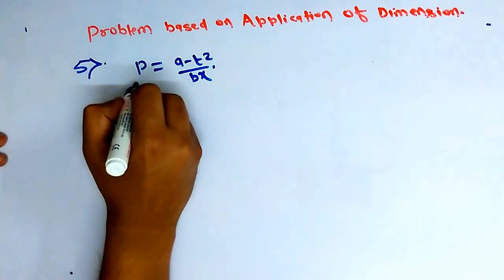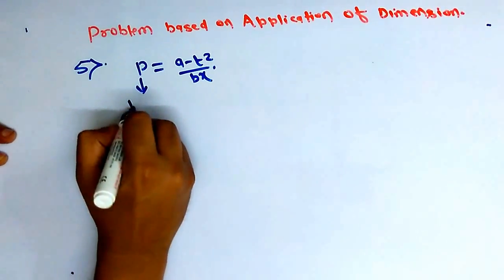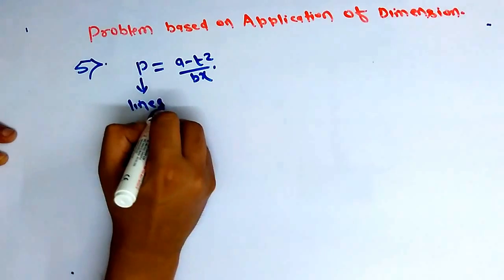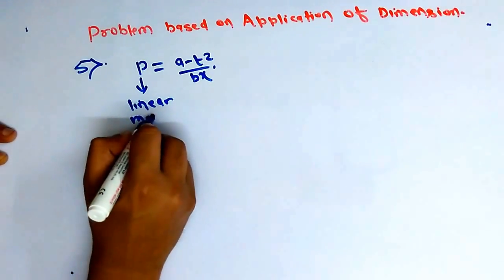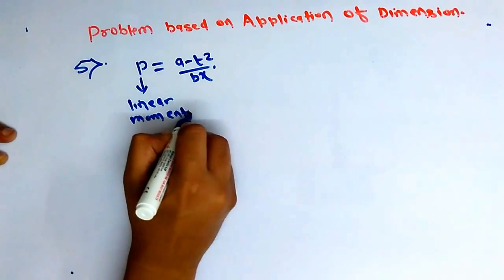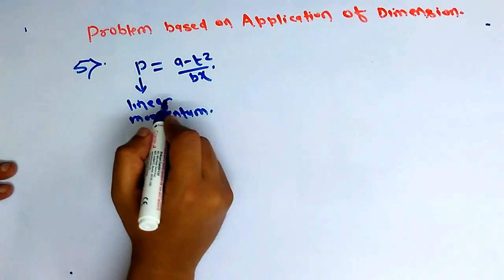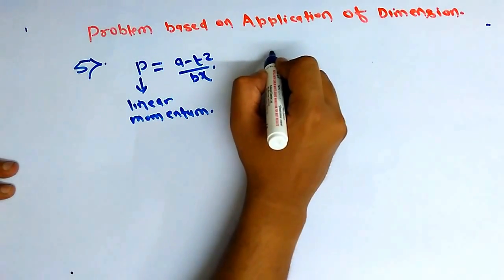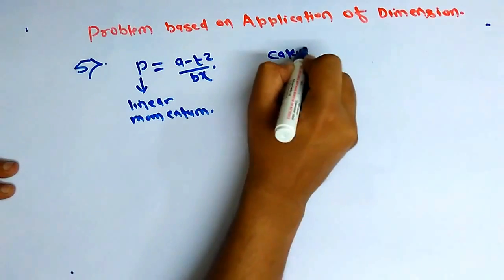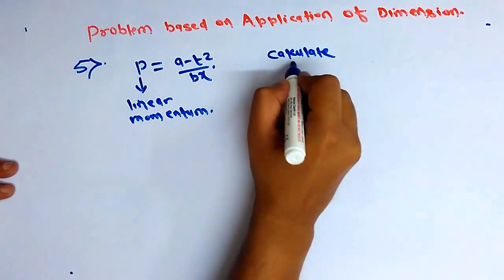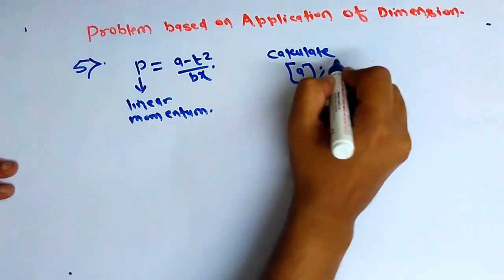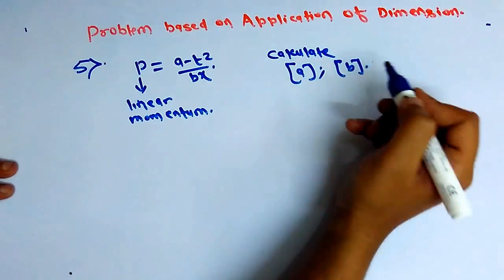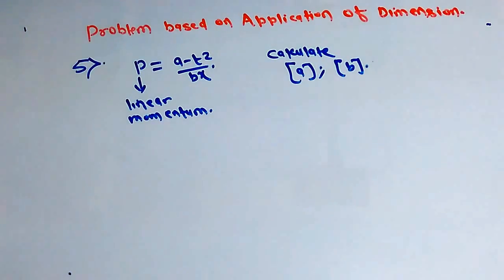Here p is the linear momentum, and you have to calculate the dimension of a and the dimension of b. So how will we do this?